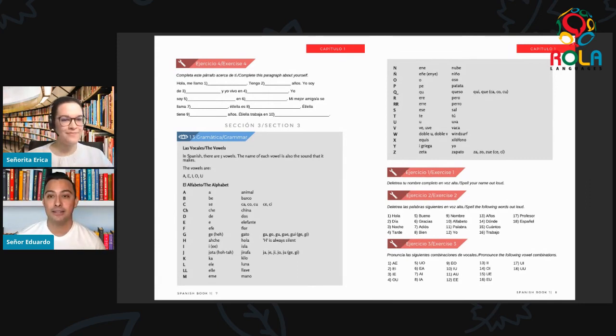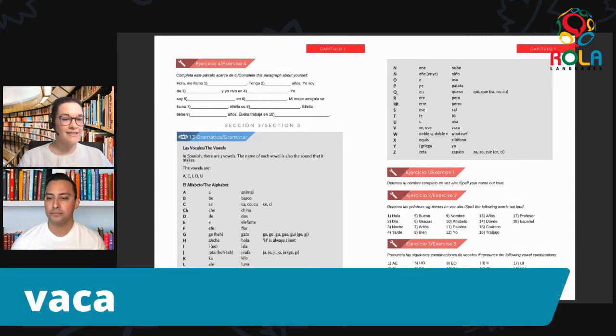Depending on not necessarily the country, it's usually whether you're from the countryside or rural communities or the cities, you might interchange the B and the V. So let's take the word vaca. I'm going to go ahead and type it here for you guys. What is vaca? ¿Qué significa vaca, Erika? Vaca is cow.